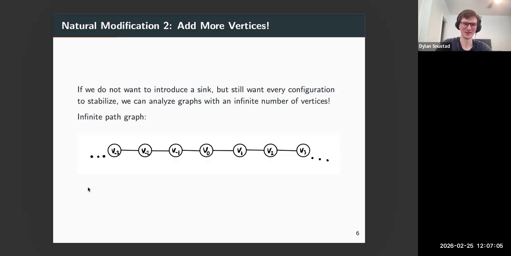If I don't want to introduce a sink but I still want everything to stabilize, I can just keep adding vertices, and these chips will keep getting spread further and further until eventually the game will end. The first example of this that you might be interested in studying is the infinite path graph, where you just have an infinite path running across your screen.